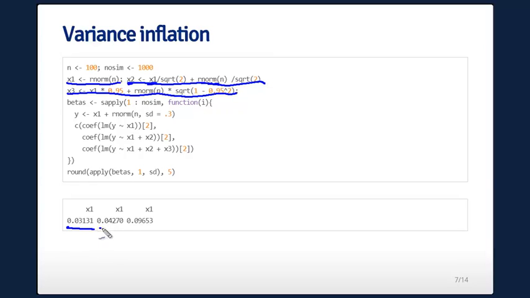If I include x2, which is not related to y, I get a small amount of variance inflation, and then I get a huge amount of variance inflation. My standard error from the original goes up 3 times by including x3, which, as we noted, is highly related to x1. So the more correlated your regressors are, the more variance inflation you're going to see.